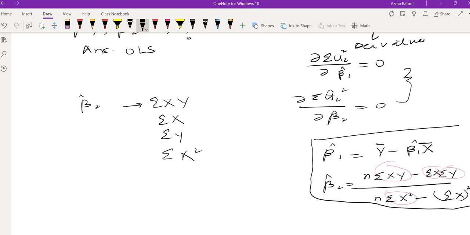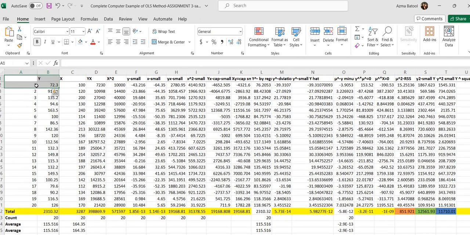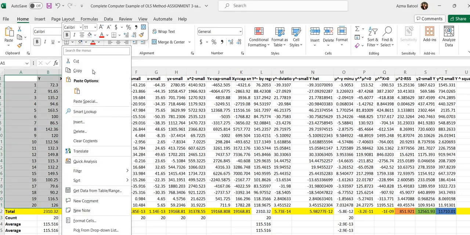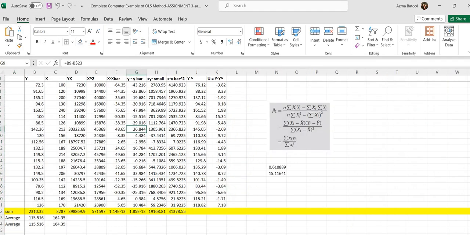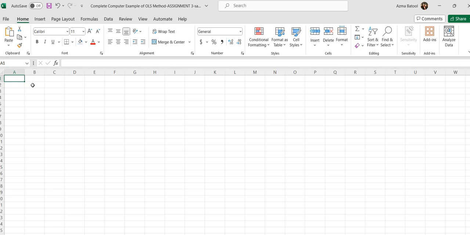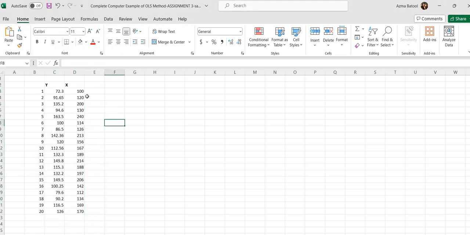So let's move on to Excel and have the data. Suppose I am working on the same file, and I want to copy these three columns together, take the copy, and paste it into a new sheet. So I have pasted my values here.